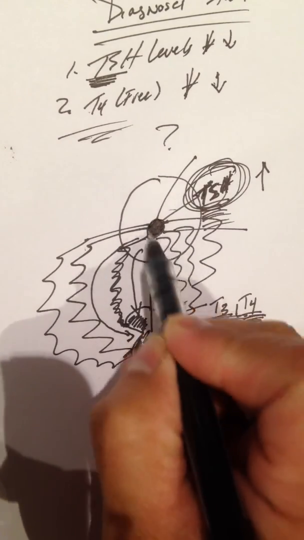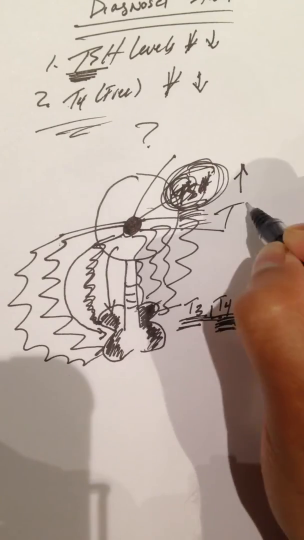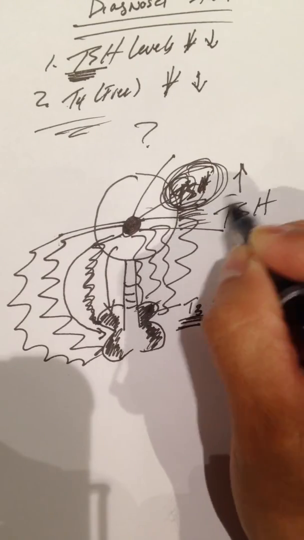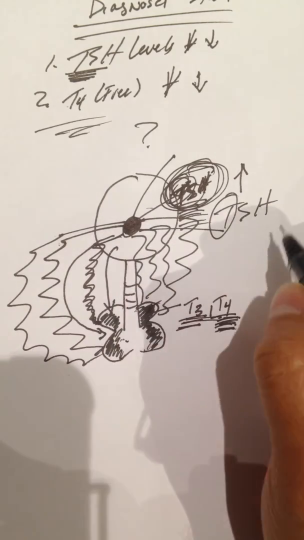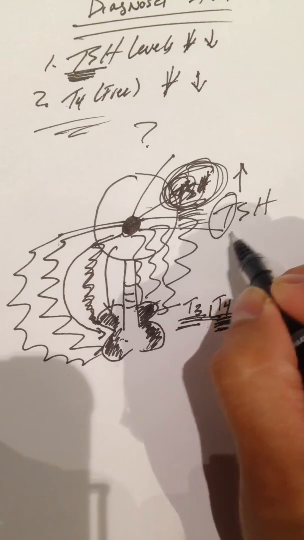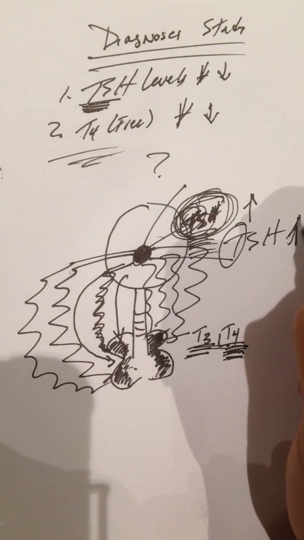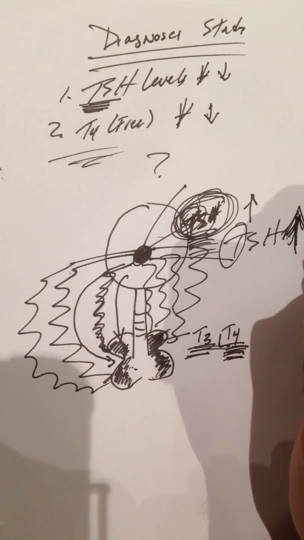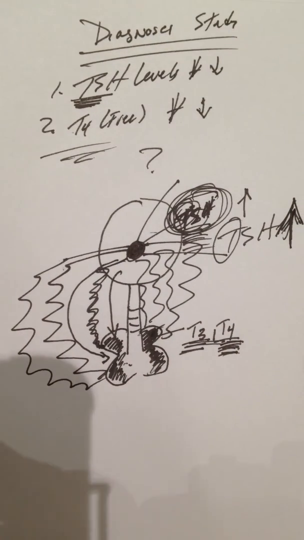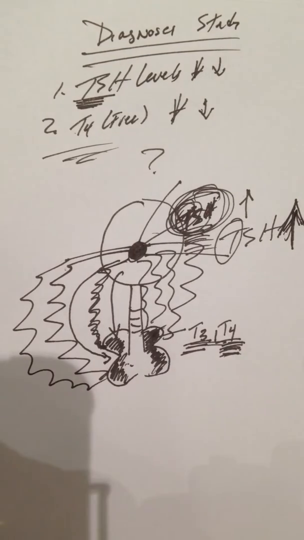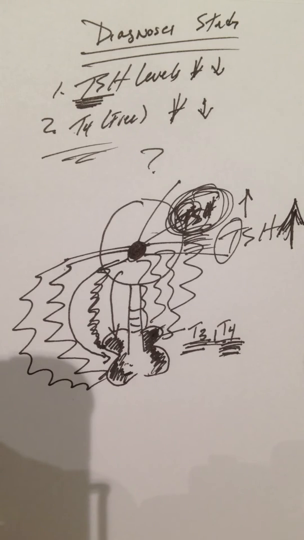Because in this scenario, your pituitary gland is texting. So if you want to think about it as texting, the T in TSH is texting. Your pituitary gland is going to keep texting your thyroid gland. It's going to keep sending message and message and message. So your thyroid-stimulating hormone is actually going to increase. So if they do some blood work, it's going to increase, right? Because again, your pituitary gland is going to keep sending a text. Hey, dude, wake up. Hey, come pick me up. But your thyroid gland, because it is destroyed, is not going to receive the message.